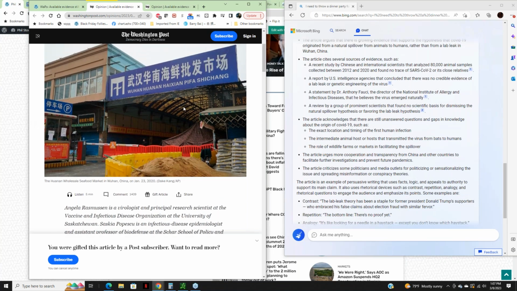You know what freaks me out about this picture? When I was in Thailand at the end of 2019, New Year's 2020, right when COVID started, I was literally in a market that looked exactly like this, over here in a stall, and we were eating in Thailand.